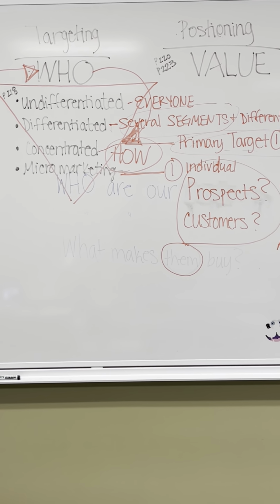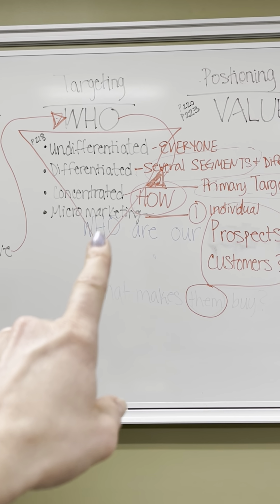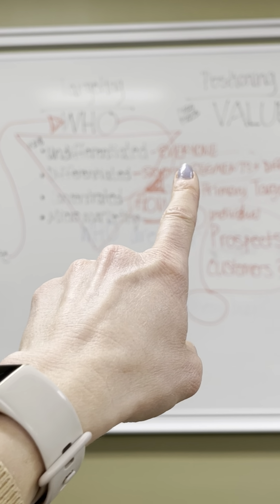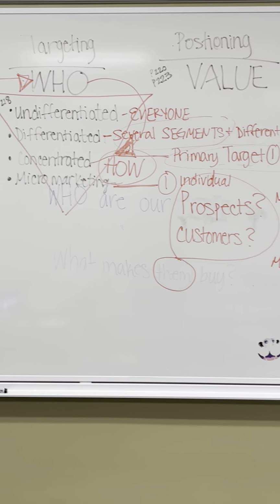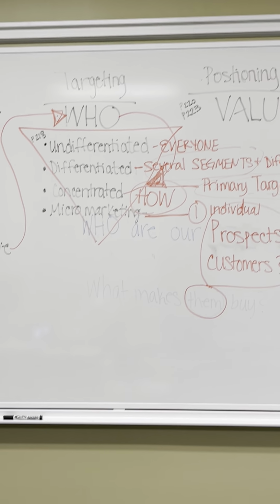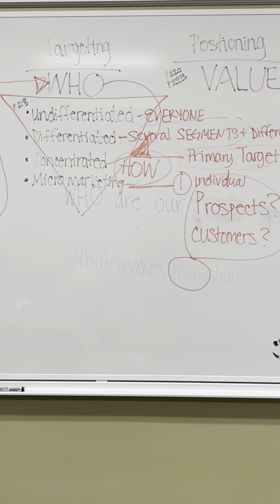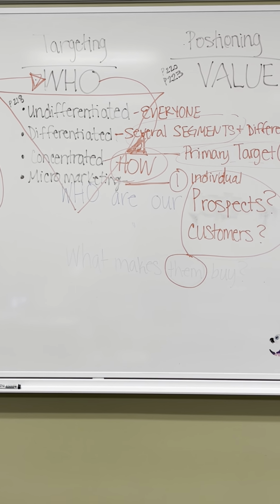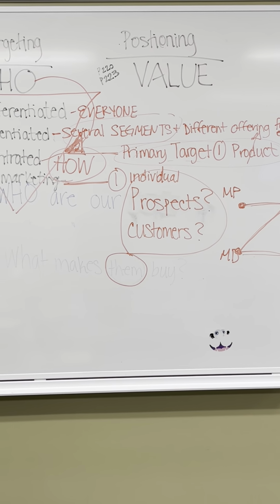I had not written all that red until the class because I had them read the definitions of each until they could identify, or we pulled out together, who they're targeting with each strategy. So I made sure that they knew with undifferentiated that it's everyone. With differentiated, it's several segments and different offerings for each.